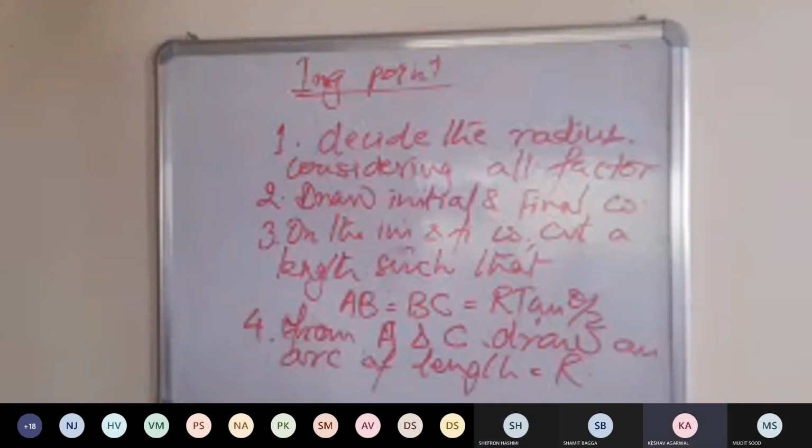From points P and Q, cut an arc of radius R such that they intersect at point O. Keeping O as center, draw an arc of radius R such that the arc touches AB and BC tangentially at points P and Q. Clear?